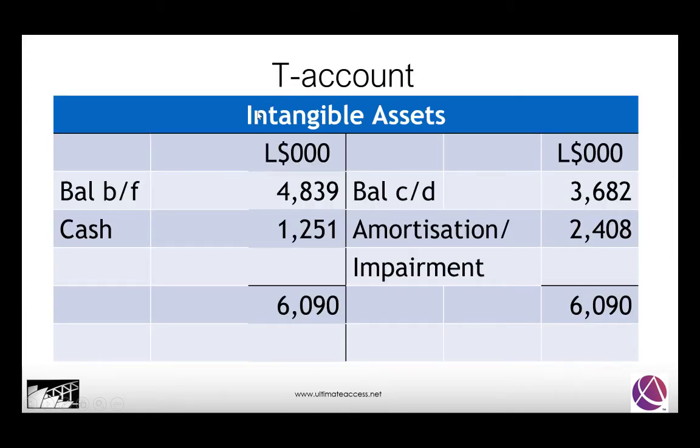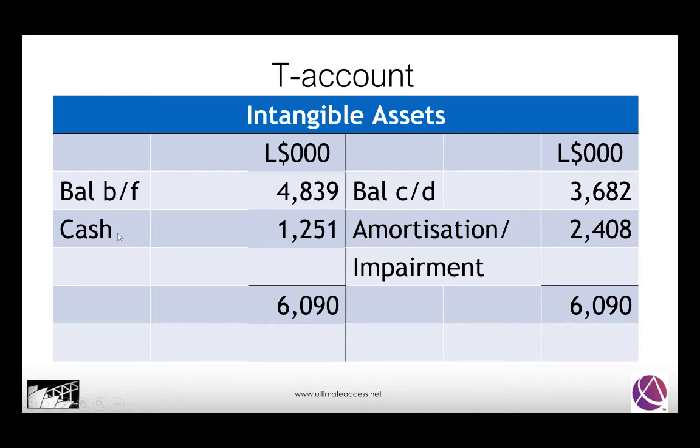So looking at the T account, we can see that the balance brought forward at the beginning of the year was 4.8 million. The balance carried down at the end of the year was 3.7 million nearly. They spent 1.2, or just over 1.2 million, acquiring new intangibles, and they amortized, or they impaired, 2.4 million.